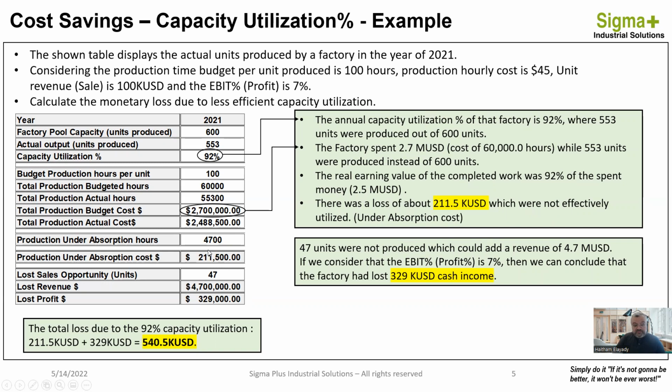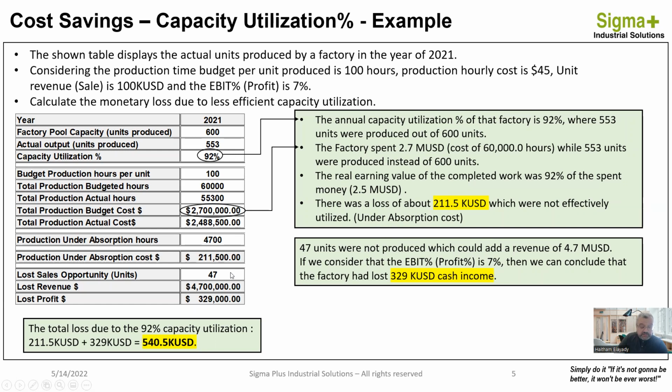We have reported an under absorption of 4,700 hours, which can simply be found by subtracting 55,300 from the 60,000. It will give you 4,700 hours, multiplied by $45, which gives you $211.5 thousand.